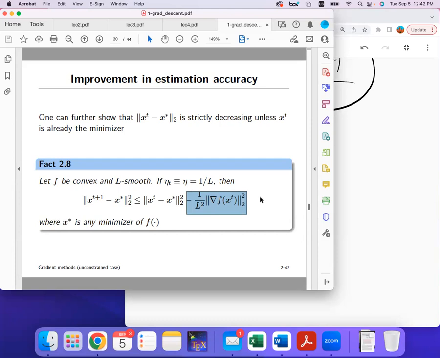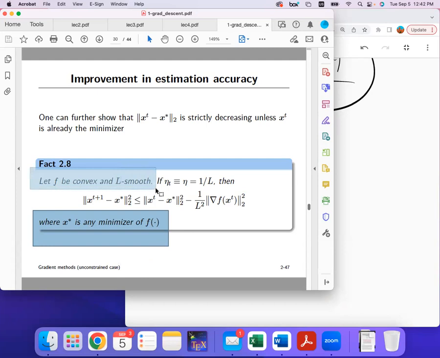It's decreasing. Well, this x star is any minimizer of f. This can be any minimizer of the objective function. So this small result shows that the distance is diminishing if the function is convex and smooth, and we pick this step size. If you compare this result with the previous one, you can see that their assumptions are different.